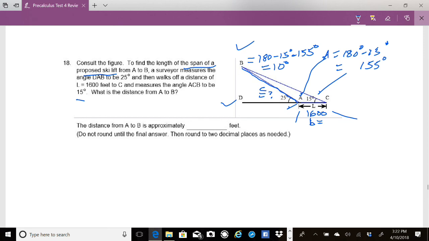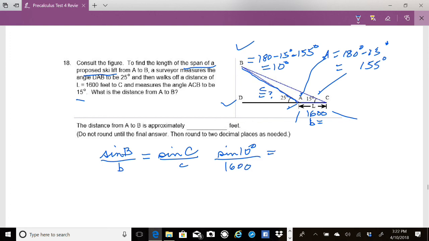So let's use the law of sines, which says sine of B over B equals sine of C over C. B is 10 degrees, we know that B itself is 1600.